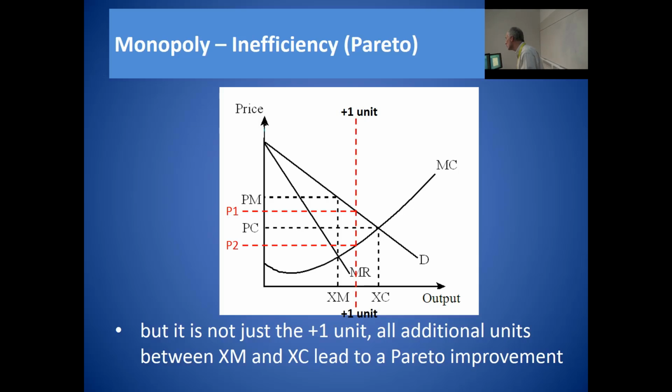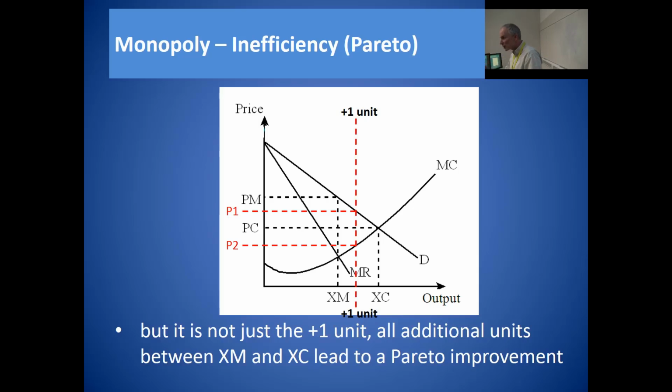It's all units. Exactly the same line of reasoning would apply to all of those units between XM and XC. If you look at those units, all you need to do is look at the marginal cost curve and the demand curve. Now, another way of interpreting the demand curve is the marginal valuation curve. It represents the value that consumers place on the next unit. And what value do they place on it?